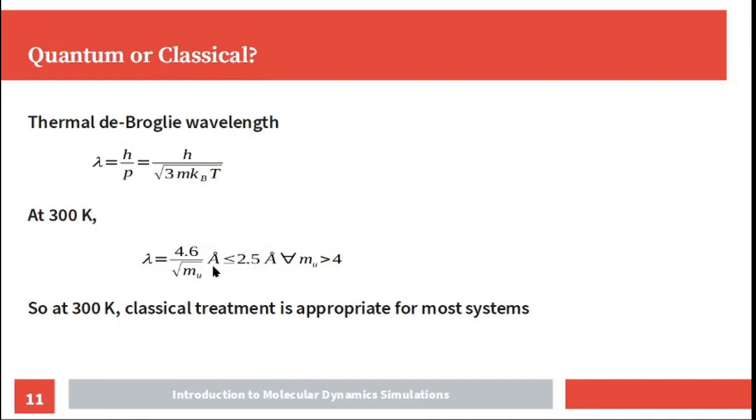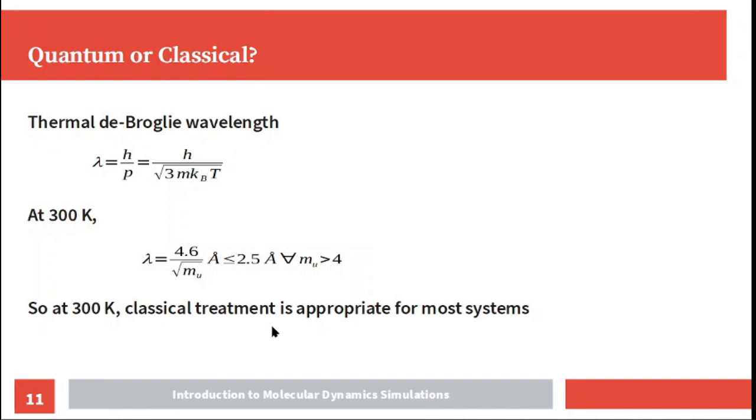And you can very well see that if mu is greater than 4, then this wavelength is always less than 2.5 angstrom. Now, just to remind you, mu is greater than 4 for most elements except for hydrogen and helium.